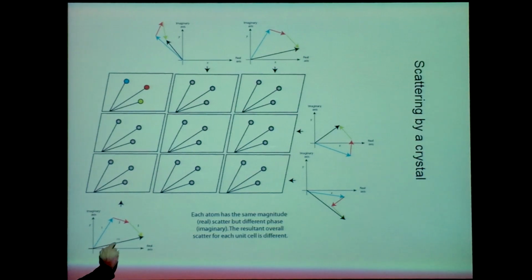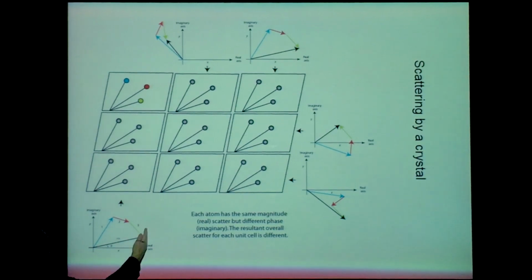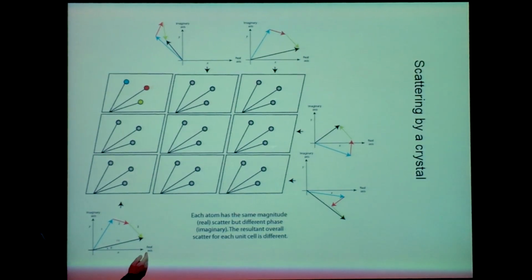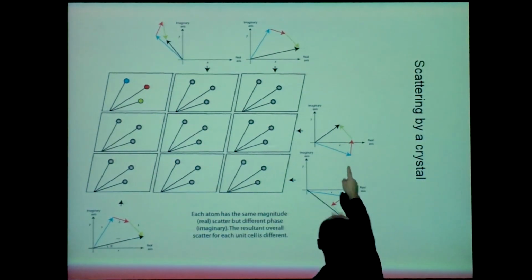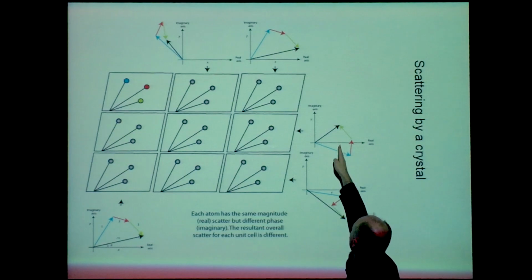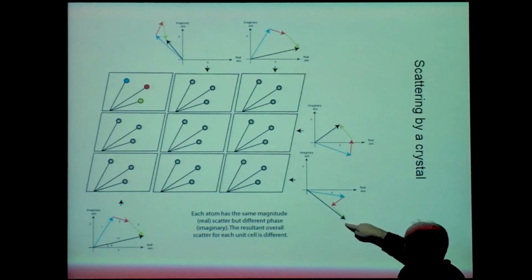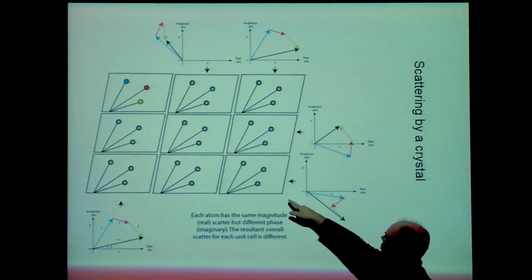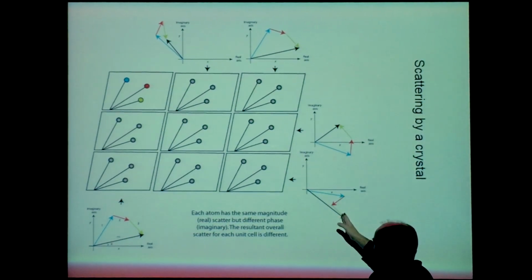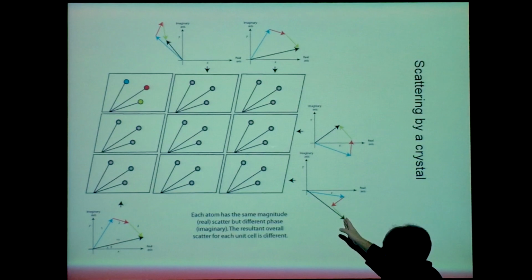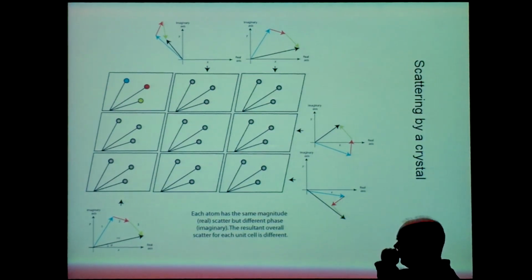So this reflection will have this phase, and if you propagate down to where it crosses the real axis, it will have this intensity. That reflection up there, if you propagate down the real axis, it has an intensity that's about half of that. This one down here will have an intensity that is about the same as that.